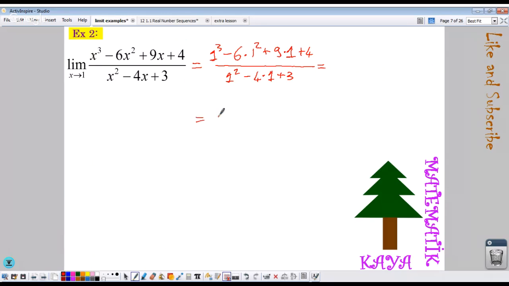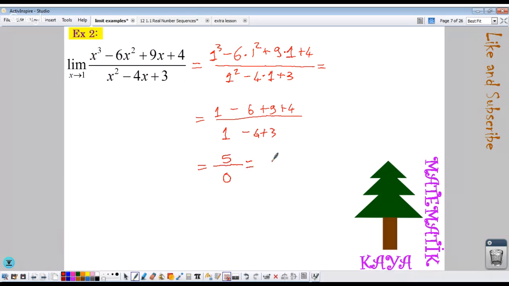Let's calculate in here. 1 cube is 1, minus 6 plus 9 plus 4. So 1 squared is 1, minus 4 plus 3. The final case: 9 plus 4 is 13, plus 1 is 14. 14 minus 6 is 8. 1 plus 3 is 4. 4 minus 4 is 0.